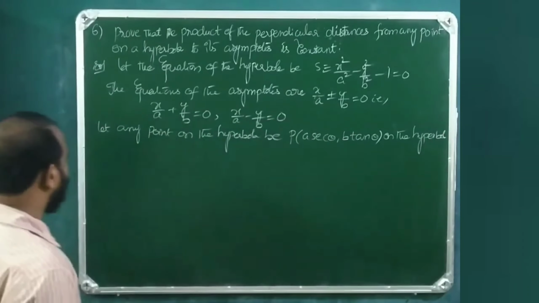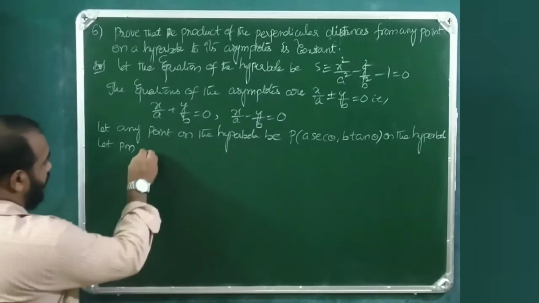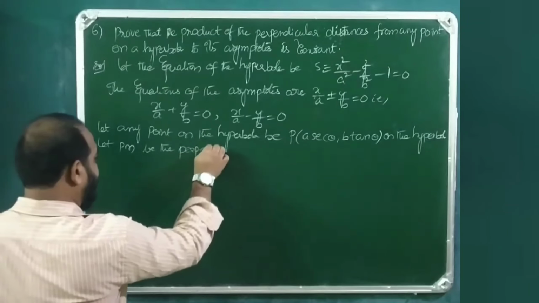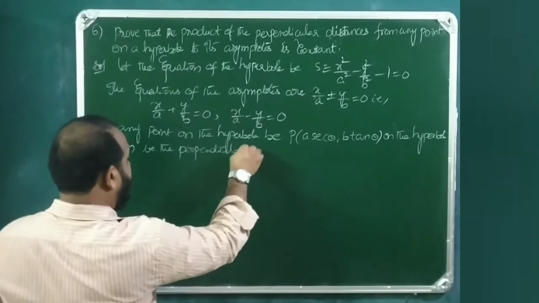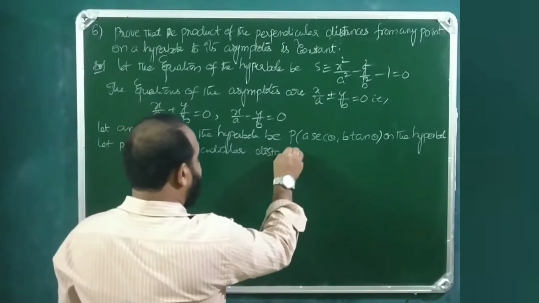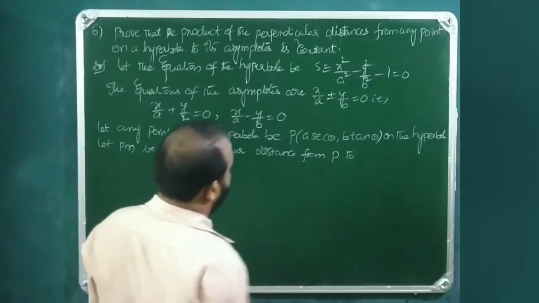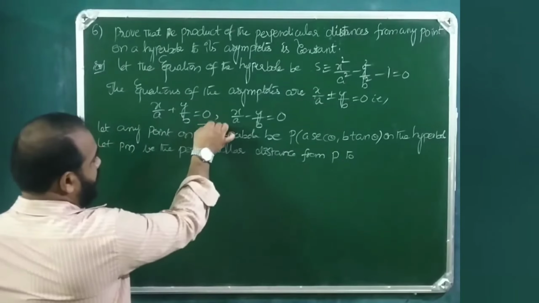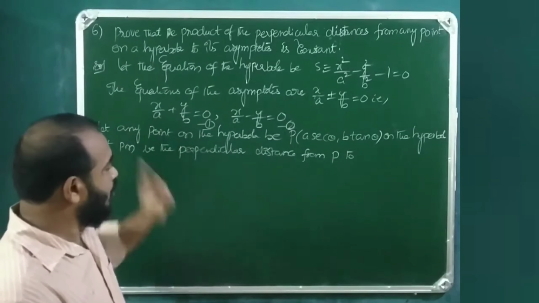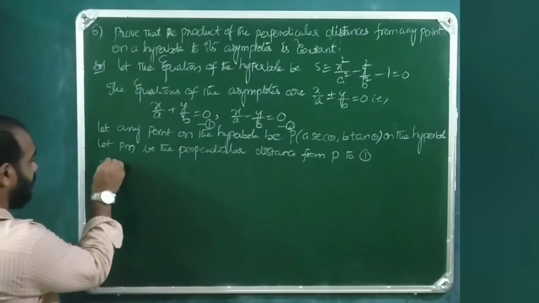Now, let PM be the perpendicular distance from P to the asymptote, the first asymptote.